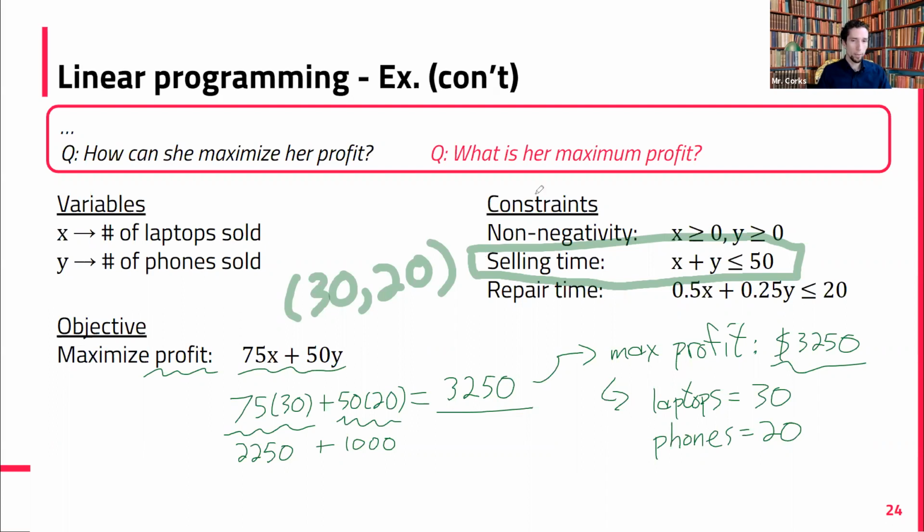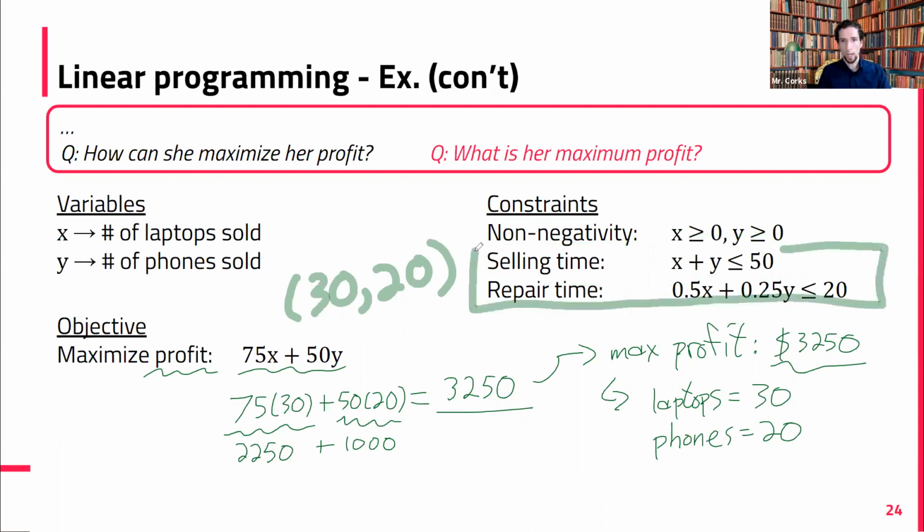But now we have these 2 limitations, so we also have this limited repair time. When we consider these 2 constraints together, this is the best solution: 30 laptops, 20 phones. So it's not all laptops, it's not all phones. There's the just right balance of the 2 that maximizes it.